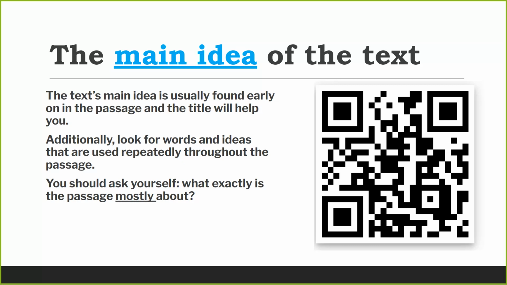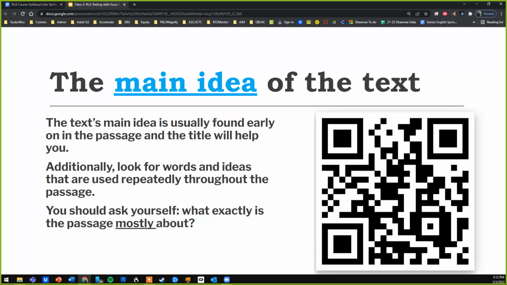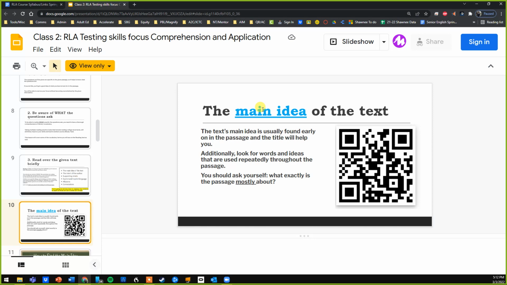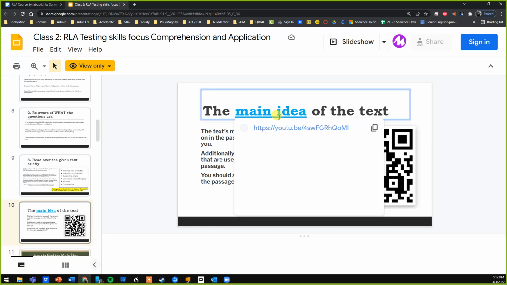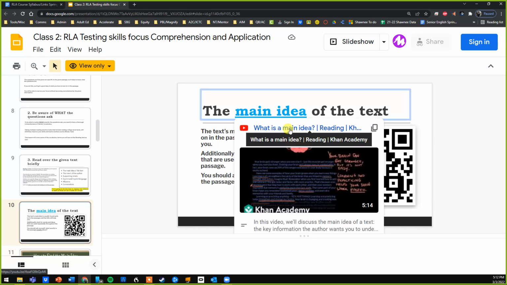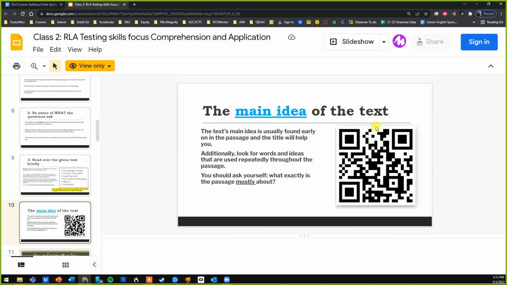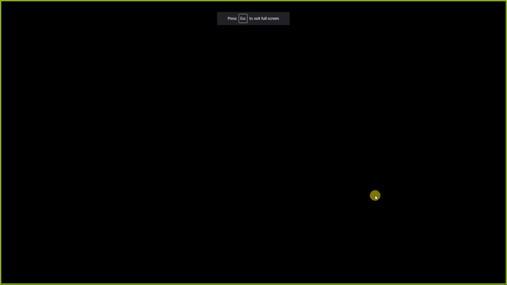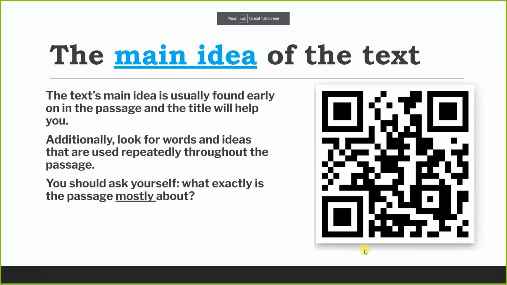And this is the first example of a QR code that you can use for this class. So if you're looking at this slide deck, you can just click the link main idea. It will take you through to this Khan Academy video. It's 5 minutes long. Or if you're watching this on your phone, if you screenshot this slide, this QR code will take you through to that Khan Academy video also.